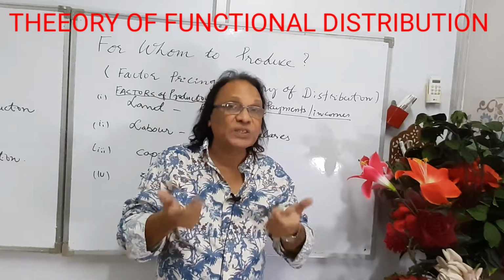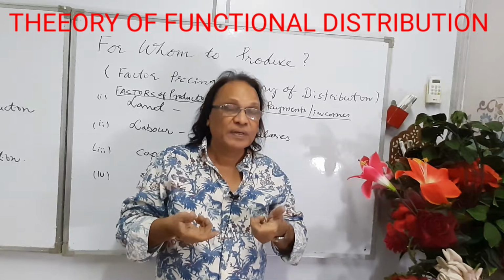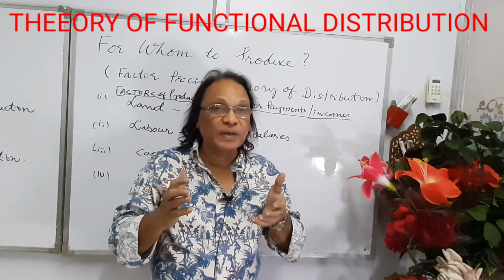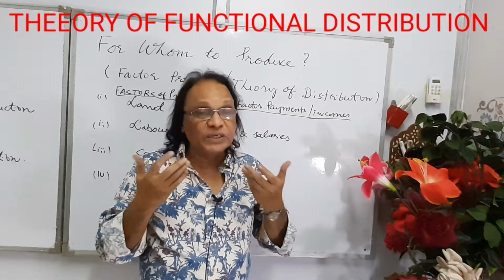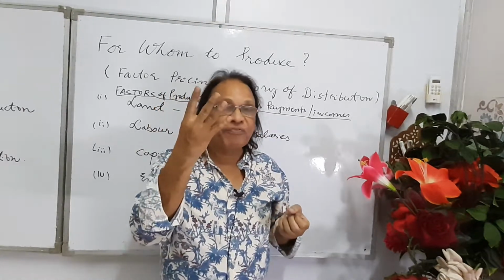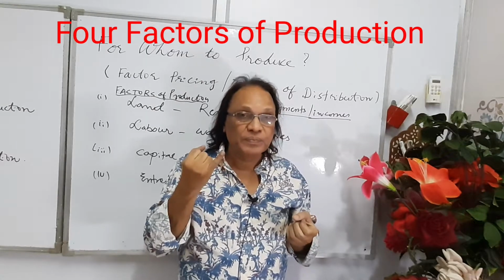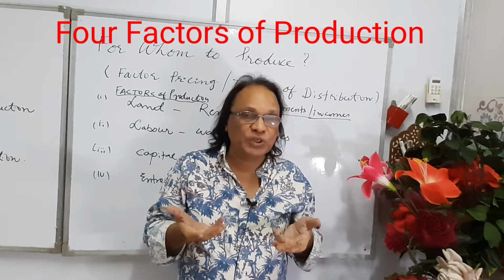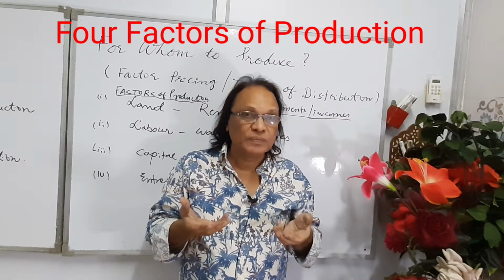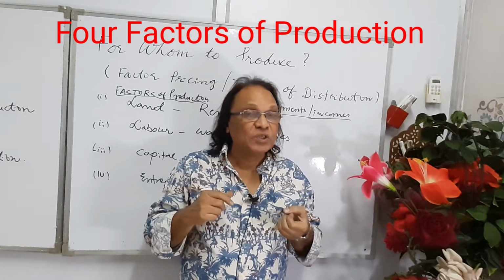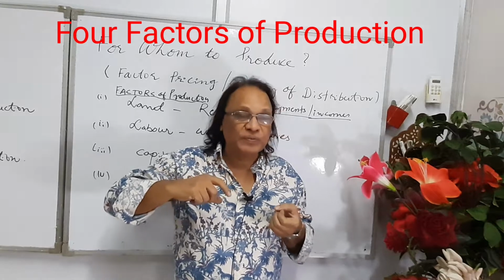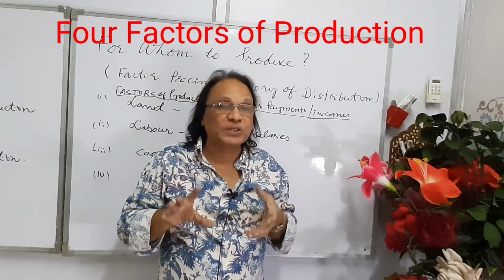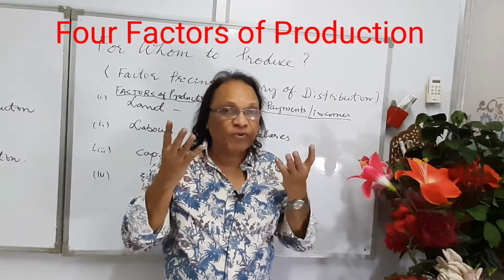Or let's put it this way to make it clear. To produce any goods, I've already told you that we need four factors of production: land, labor, capital, and entrepreneurship. I repeat, to produce any commodity, goods or services, you need four factors of production.